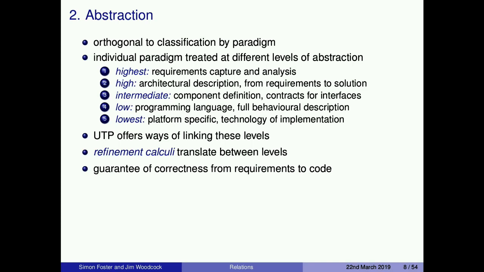So all these different levels of abstraction. And UTP allows us to link these different levels using refinement. A very important concept in UTP is the concept of refinement. How do I say that one program is more abstract than another, or more refined than another? And the idea is to preserve correctness from requirements down to code.